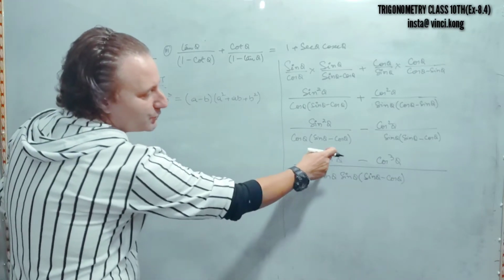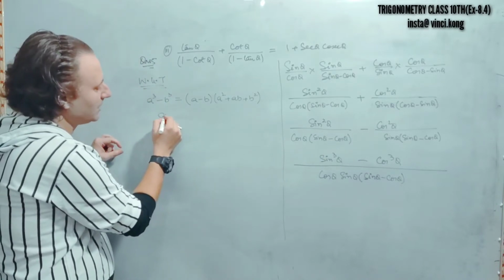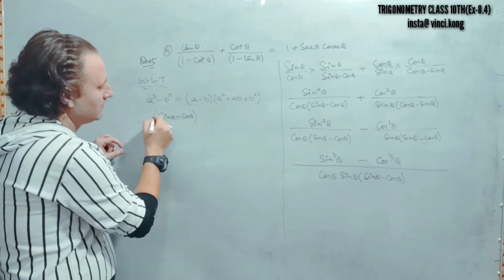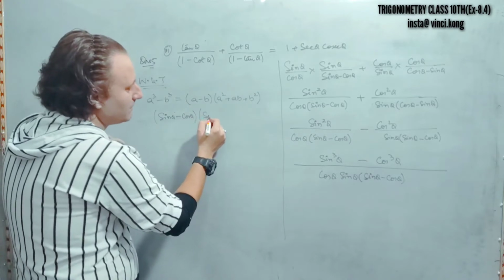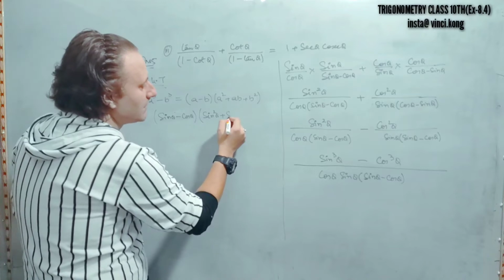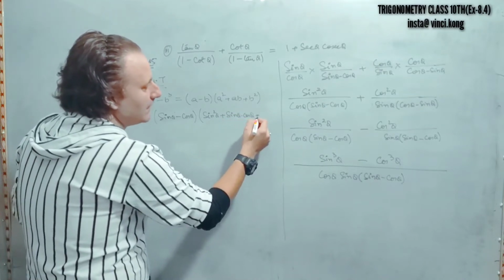So I have sine cube theta minus cos cube theta. What does that become? It becomes sine theta minus cos theta, then we have a square. A is sine theta, so that is sine square theta, plus ab, that is sine theta into cos theta, and then we have b square.